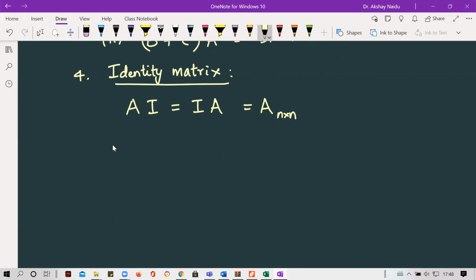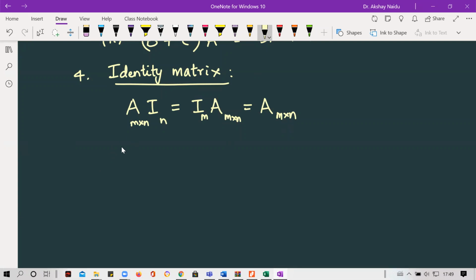Okay, suppose A is m cross n, let us say, then I has to be n cross n, and this I has to be m cross m. Then in this case this will be an m cross m matrix. Did we understand?